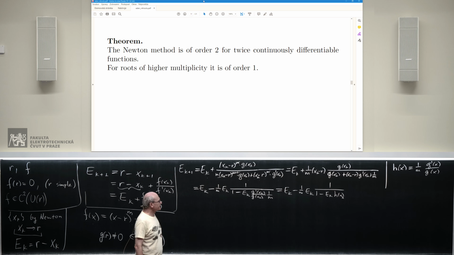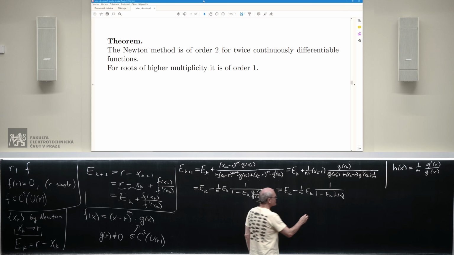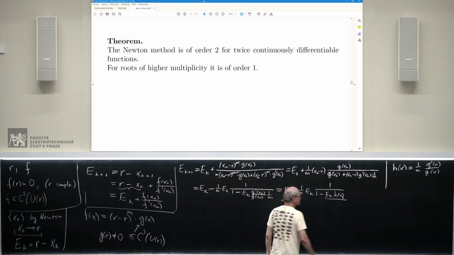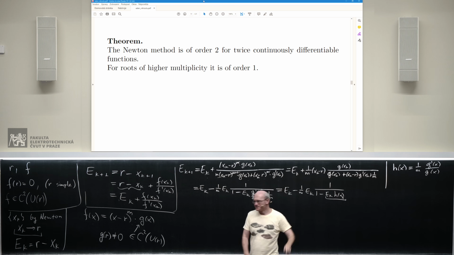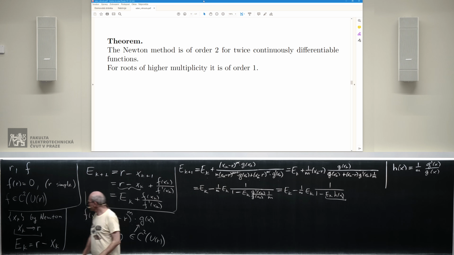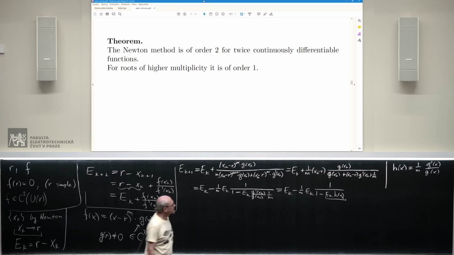Now it's getting interesting. This number over here, what do I know about it? Good question. Well, first we start with x_k. x_k is supposed to be convergent to r.